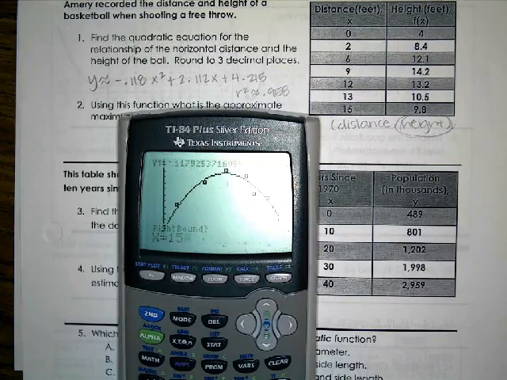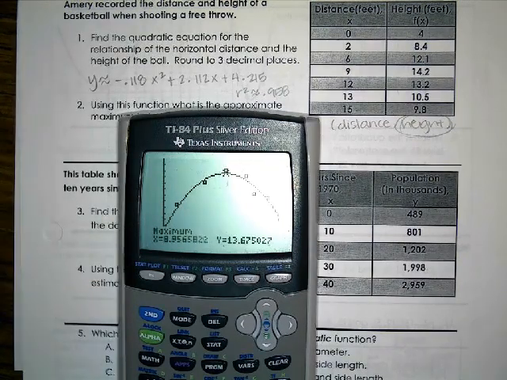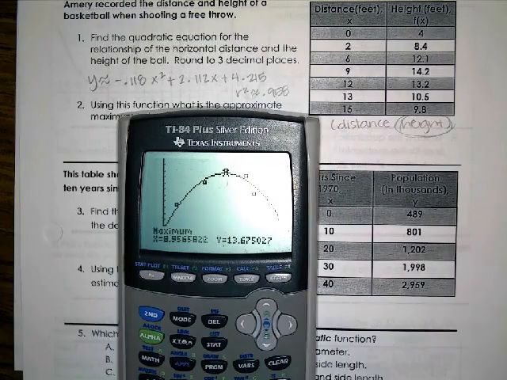And then from there, somewhere from there, we're going to have the maximum. I'm going to go ahead and write it down, and then I'm going to write a sentence with the y-coordinate.